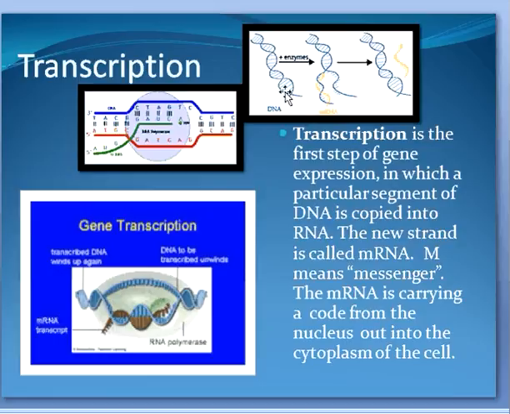So what happens is that the two strands of the DNA molecule actually split apart. You can see that happening here. And RNA is going to be made by using one of the strands of the DNA molecule.